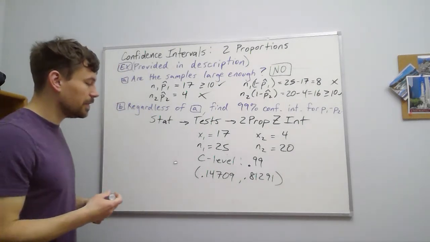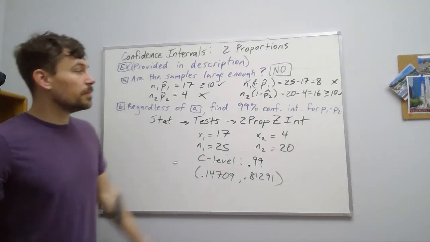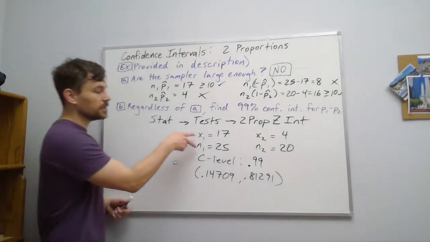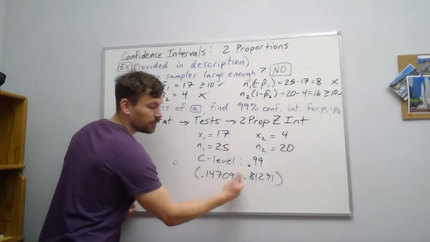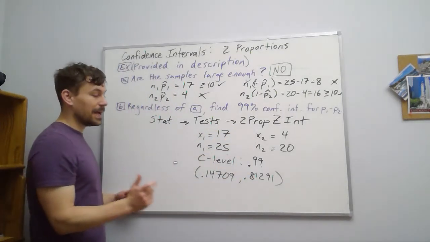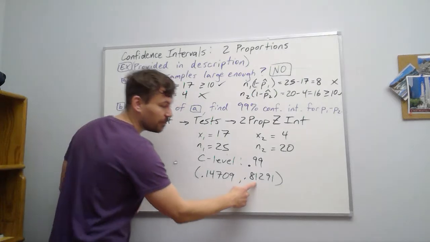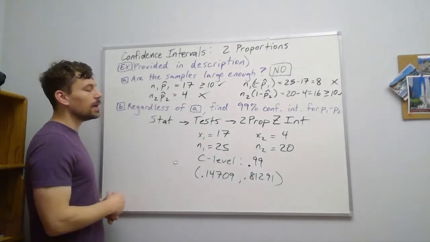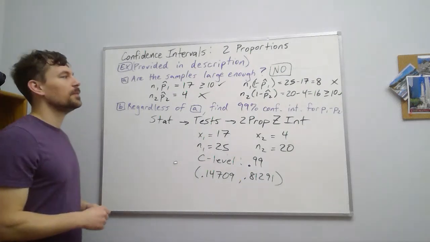So there are a couple things we can say about this. First of all, P1 minus P2, keep your order in mind. If you switch these, this interval is going to flip around and have negative values. So it'll be negative 0.8 to negative 0.1 and change. So the meaning of that can definitely flip around.